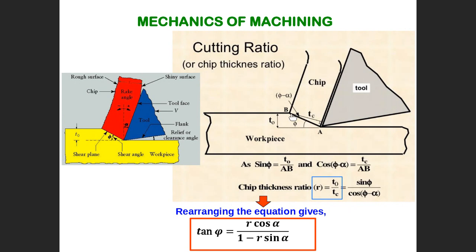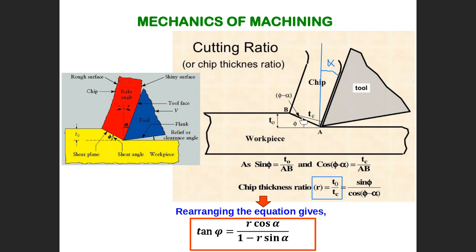This is AB between these two. This is the TC, this is the T0, this is phi, this is alpha. If you make a vertical line here, this is alpha. This is the vertical line, this is the rake angle, this is phi, the shear plane angle, this is the TC, this is the T0. This is AB, which is the shear plane.